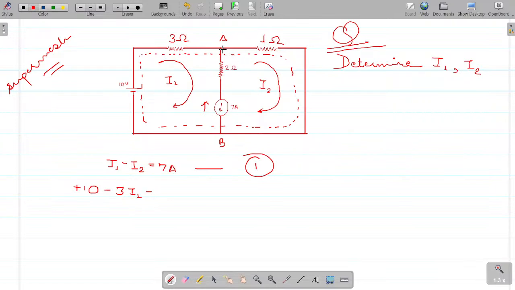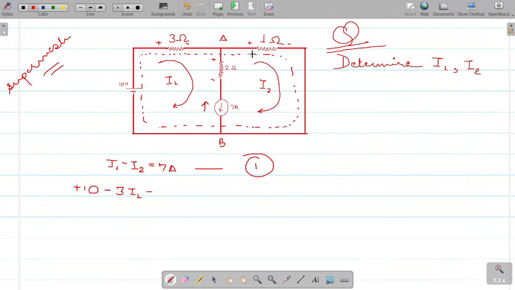This time in this loop, what is the current here? I2. What is the current here? I2. So what will I write? Minus. Again, the sign would be plus, this would be minus, this would be plus, this would be minus, this is plus, this is minus. Right? So you'll bypass this branch.